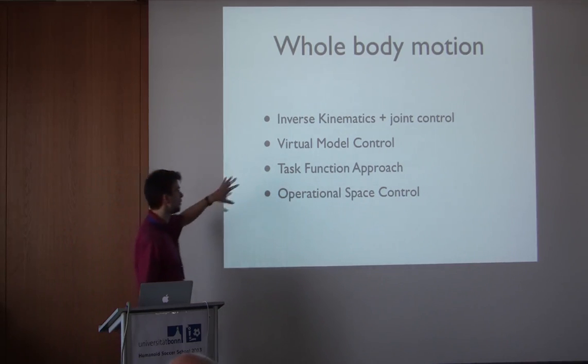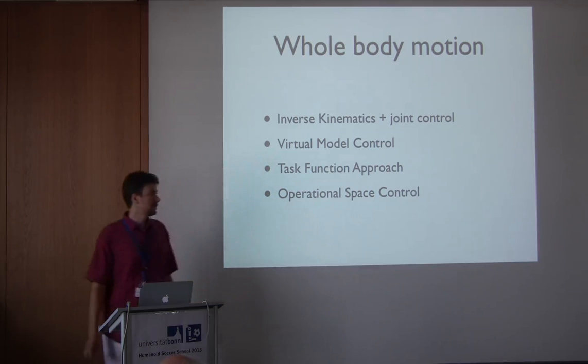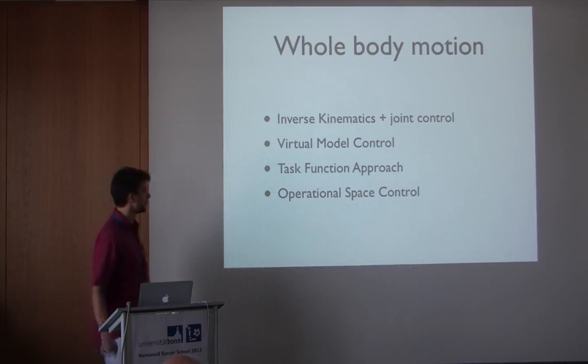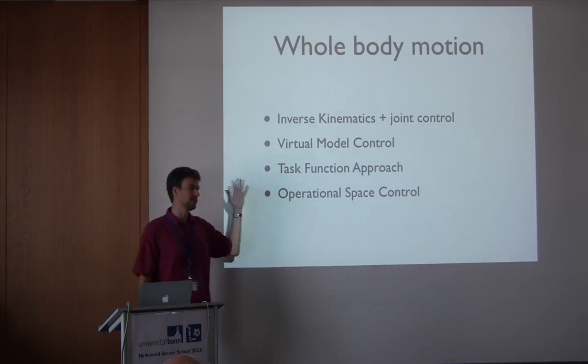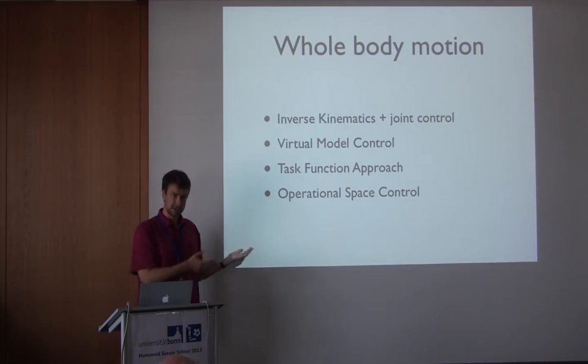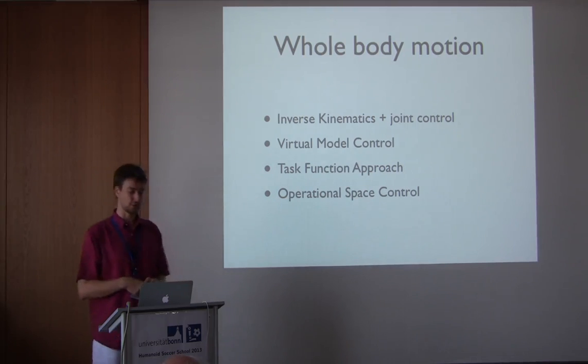But in fact you have much more advanced, competing options, which are the task function approach, which is some sort of inverse dynamics. You take into account the whole dynamics of your system, then you say what are the different kinematic tasks that you want to realize, then you set up your controller in the task space, and then you compute your dynamic control.